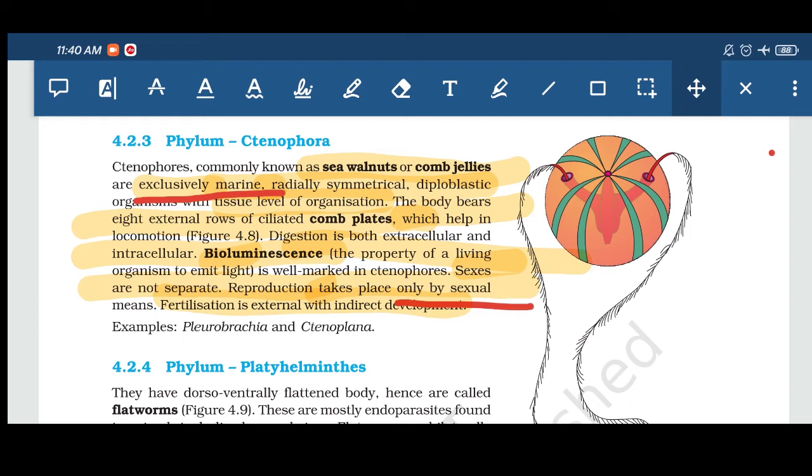Digestion is both intracellular and extracellular, and the comb plates help in locomotion. Sexes are in the same individual, and they only reproduce by sexual means. Fertilization is external with indirect development. Is it very clear?